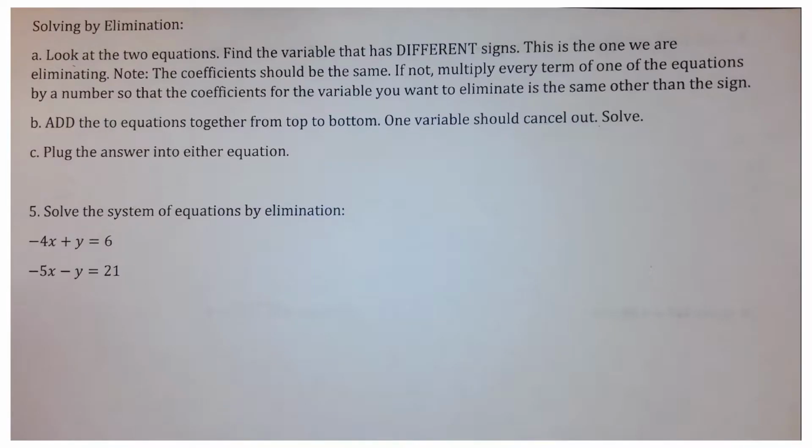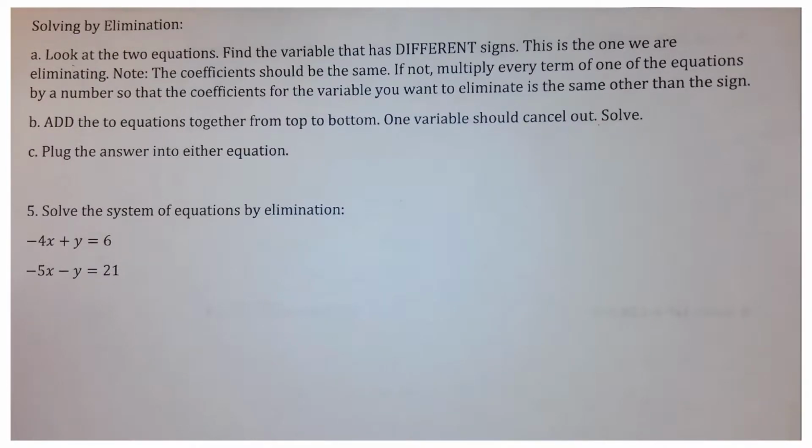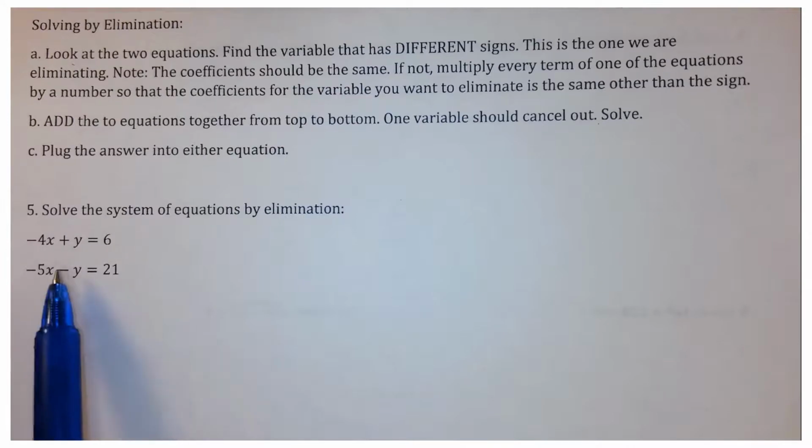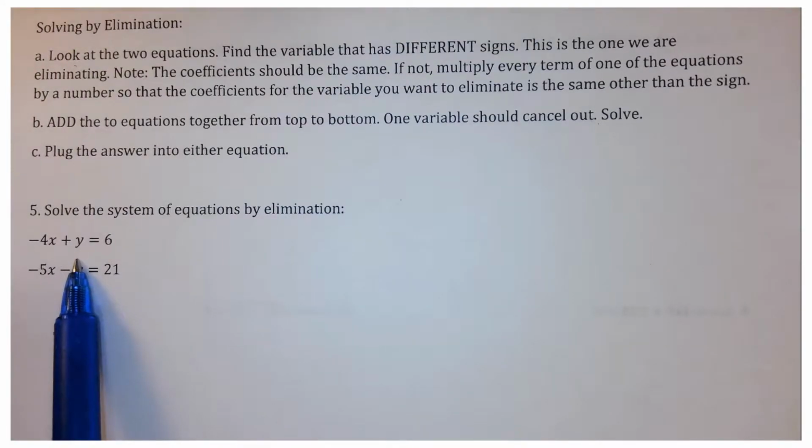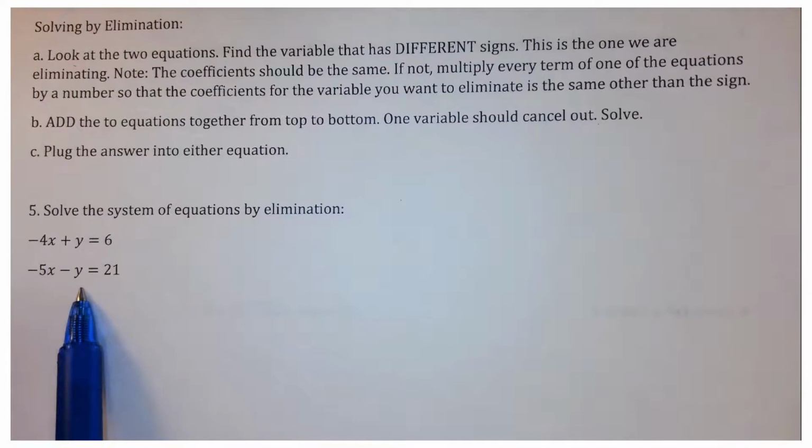Now, this may not always happen this way. This method requires a little bit of working with sometimes to get some variables that will easily eliminate or cancel out. This particular set is pretty easy because we can notice that this y is positive and this y is negative.